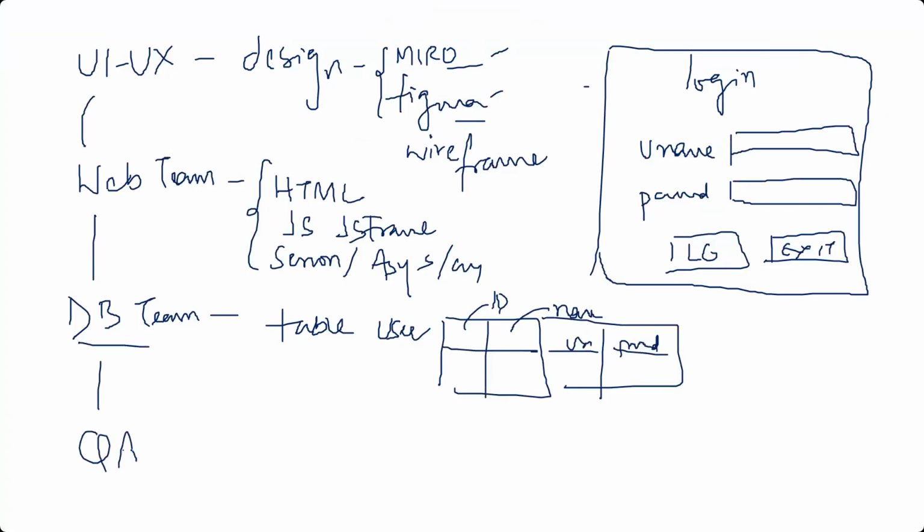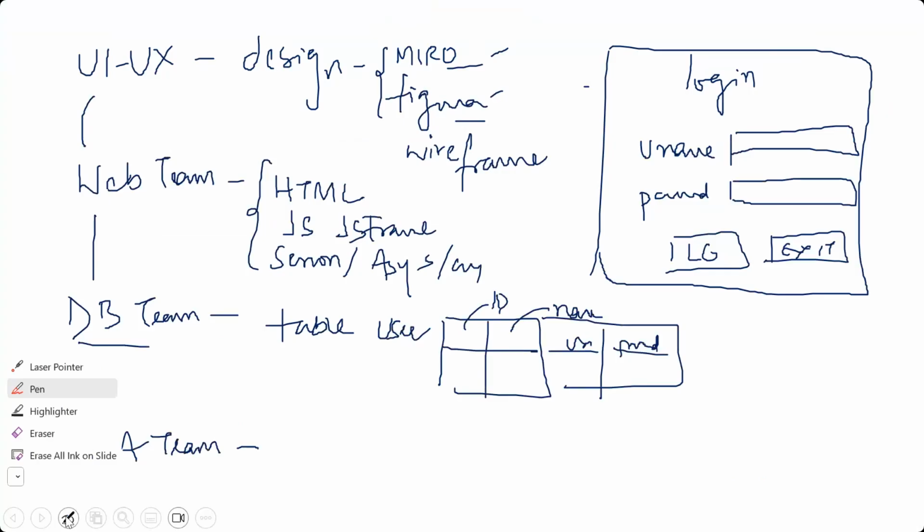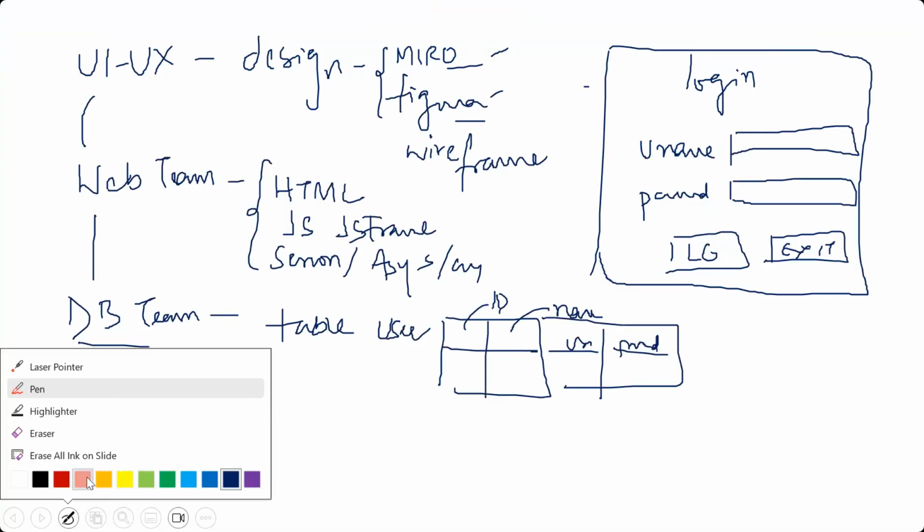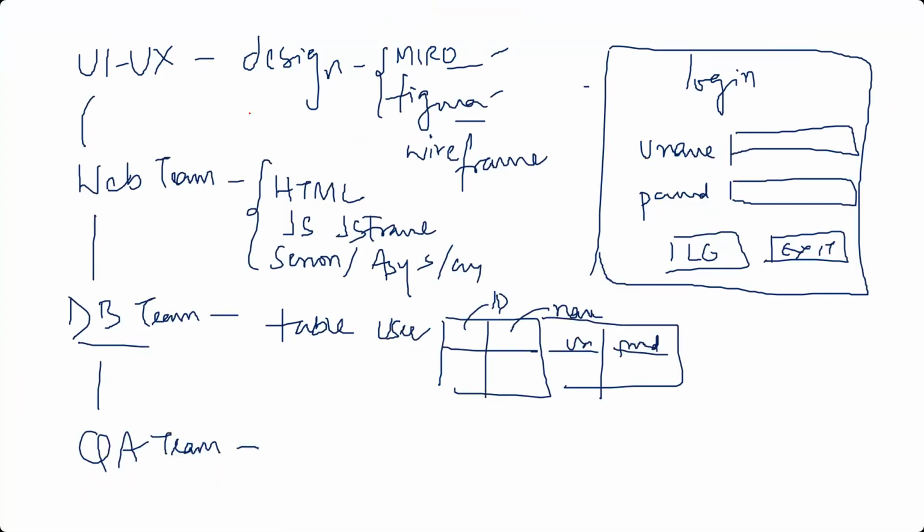Then there will be a QA team who actually does the testing of the design, whether the design is matching the web, and whether the web is matching the DB.